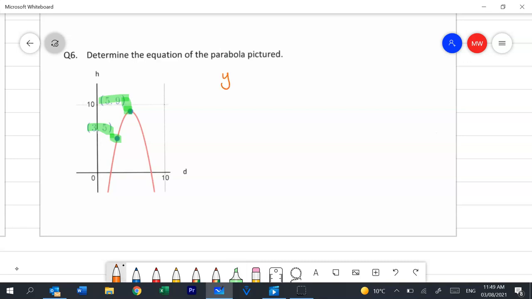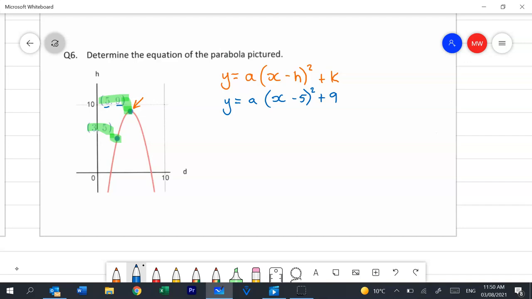So we'll go in with y equals a(x minus h) squared plus k. Let's substitute in what we can using the turning point, this one here. So we'll go in with y equals our unknown a, (x minus 5) squared, that 5 comes from here, plus 9, and the 9 comes from here.